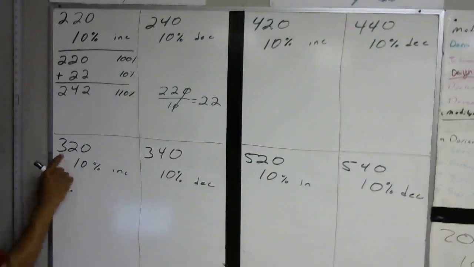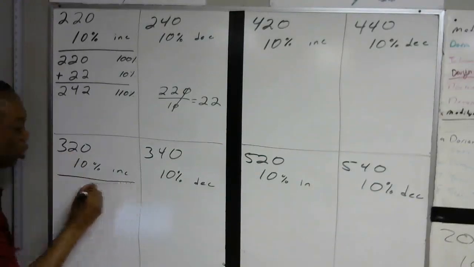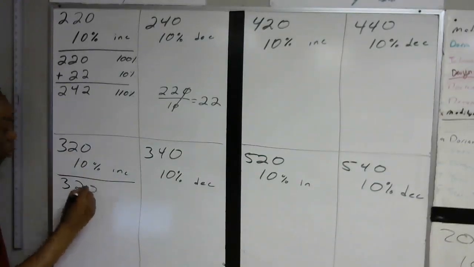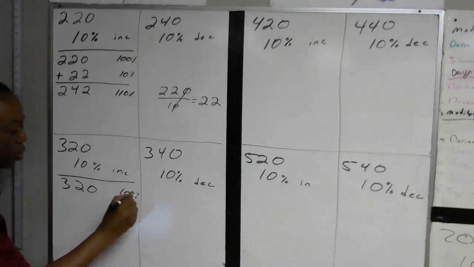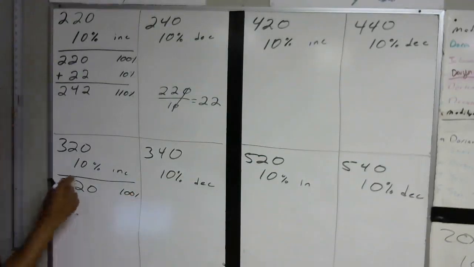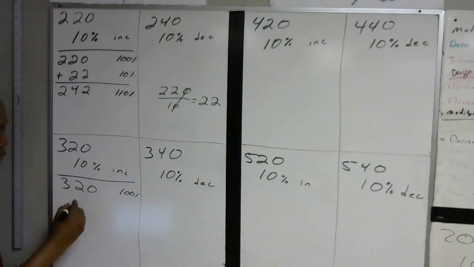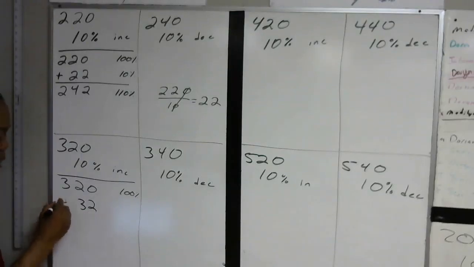Next, we're going to make a 10% increase in 320. So 320 represents 100%. That's the original. To make 10% of this, we can divide this by 10. We will get 32. We're going to add this.